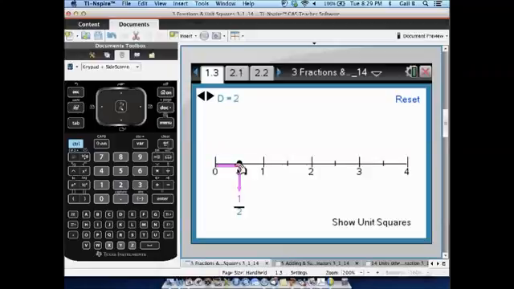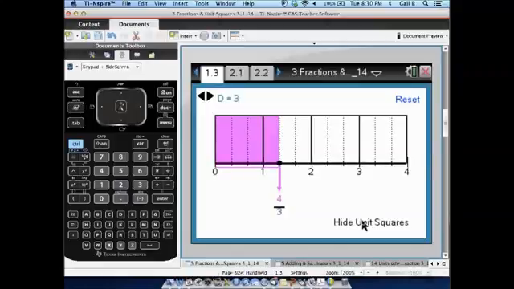So I've got, as I had before, a number line which lets me set the denominator and see what particular points on the number line look like, but it also allows me to start thinking about that in terms of an area model of squares.